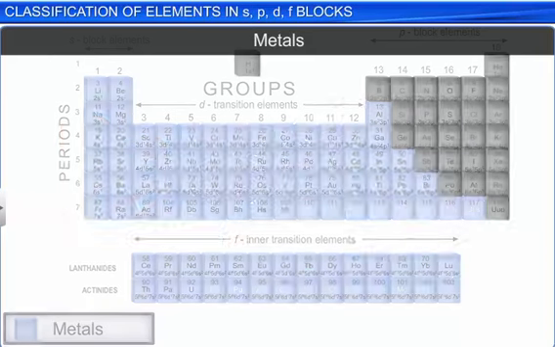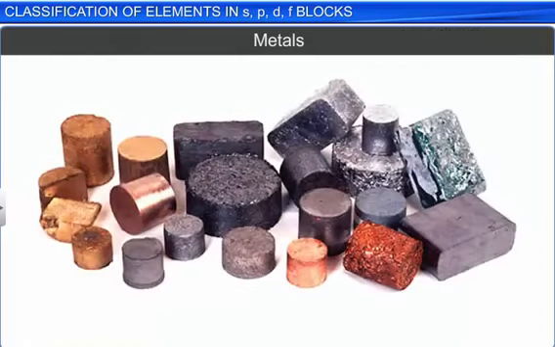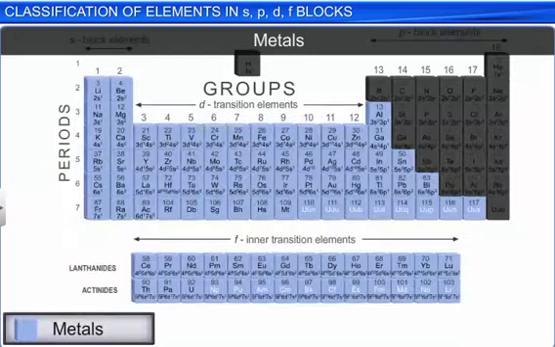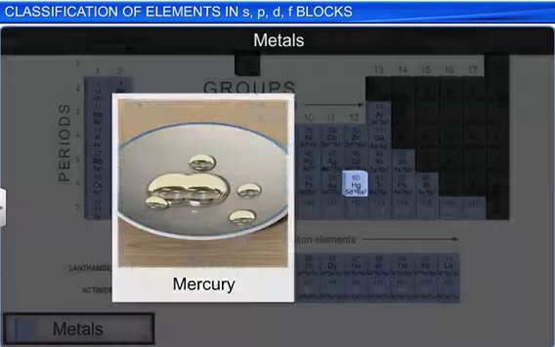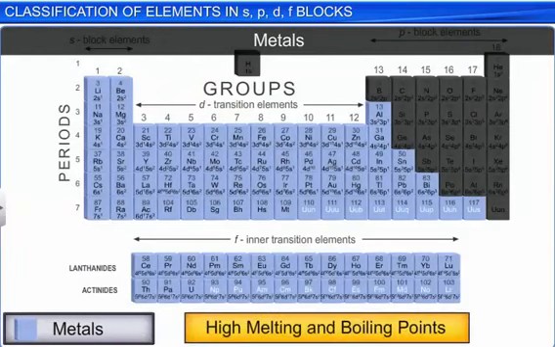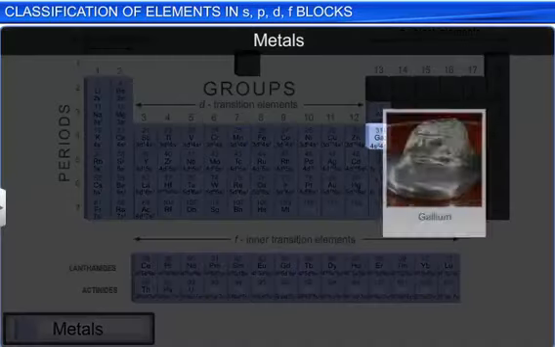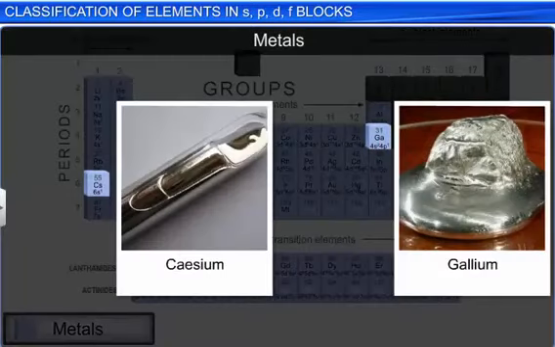Metals generally exist as solids at room temperature. An exception is mercury, which is liquid at room temperature. Metals usually have high melting and boiling points, with the exception of gallium and cesium, which have very low melting points of 303 Kelvin and 302 Kelvin respectively.